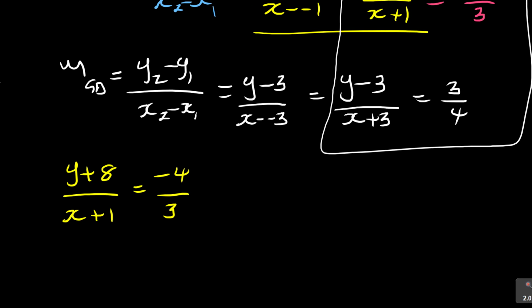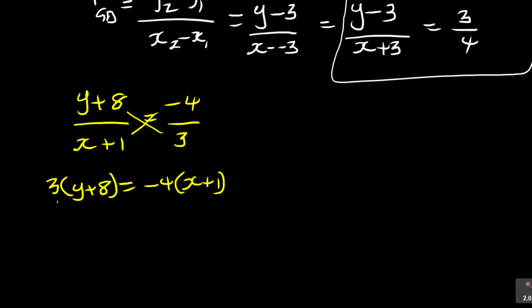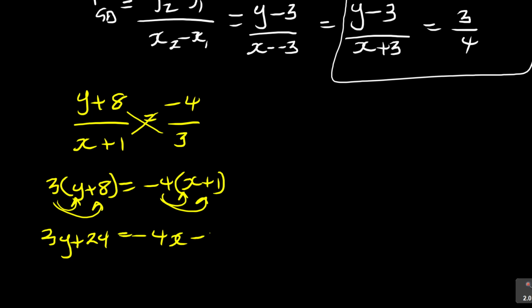And then you cross multiply here. 3 times this is 3(y plus 8) is equal to minus 4(x plus 1). You open up the bracket. Remember, when you open up, 3 times y, 3 times 8, which is 3y plus 24, is equal to minus 4 times this and this, which is minus 4x minus 4.